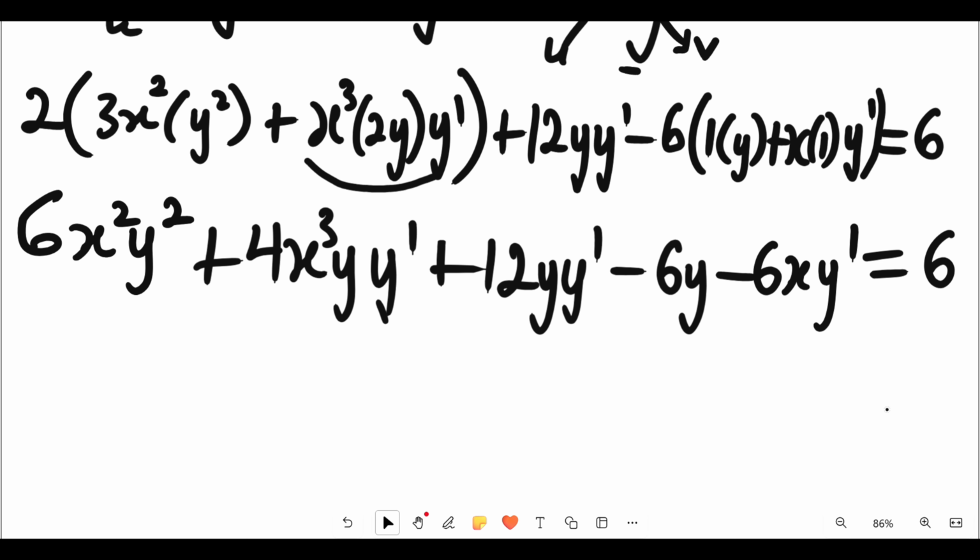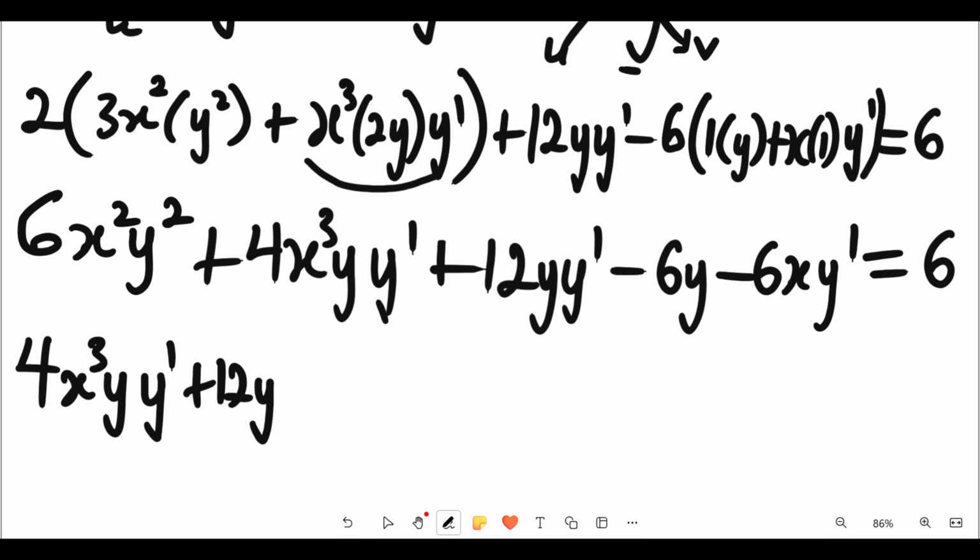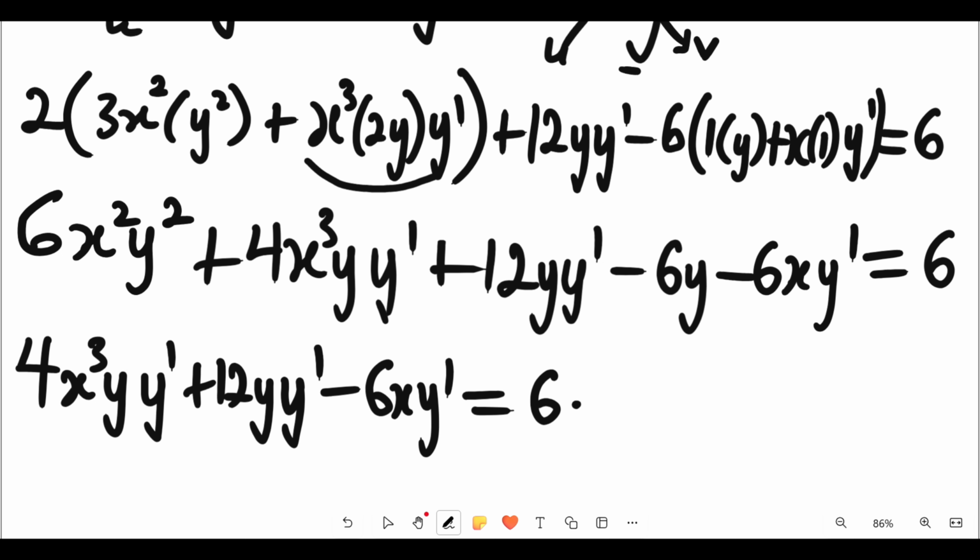Alright, so we need to group like terms. So we are going to bring all the terms with the y prime to one side. So I'll bring my 4x cubed y multiplying y prime, then plus 12y y prime, then minus 6x y prime, then equal to, then I'll transpose all other terms to the right hand side. So I already have 6 here.